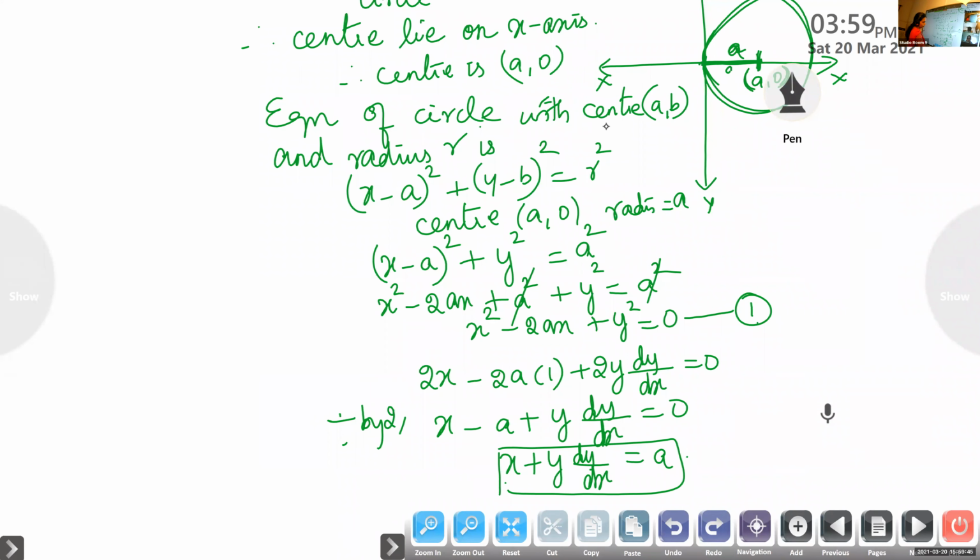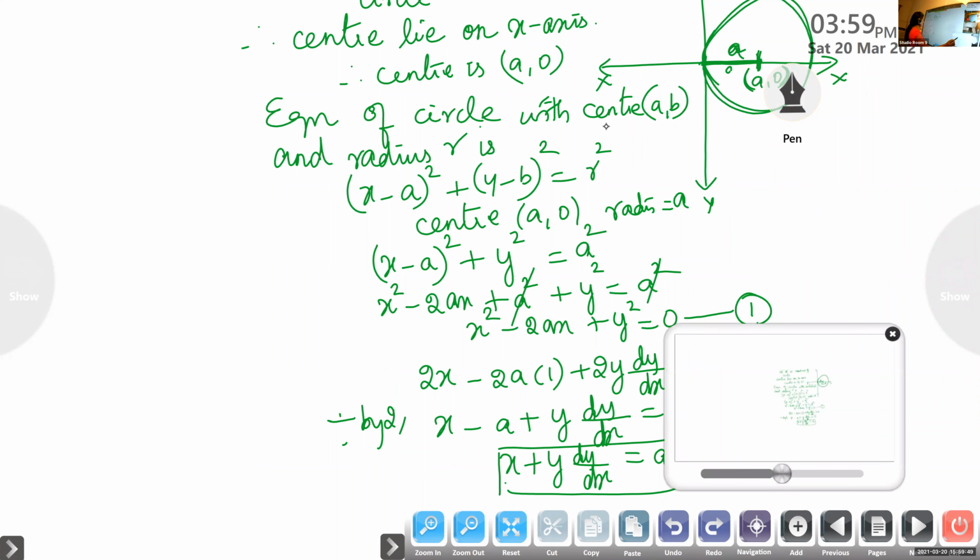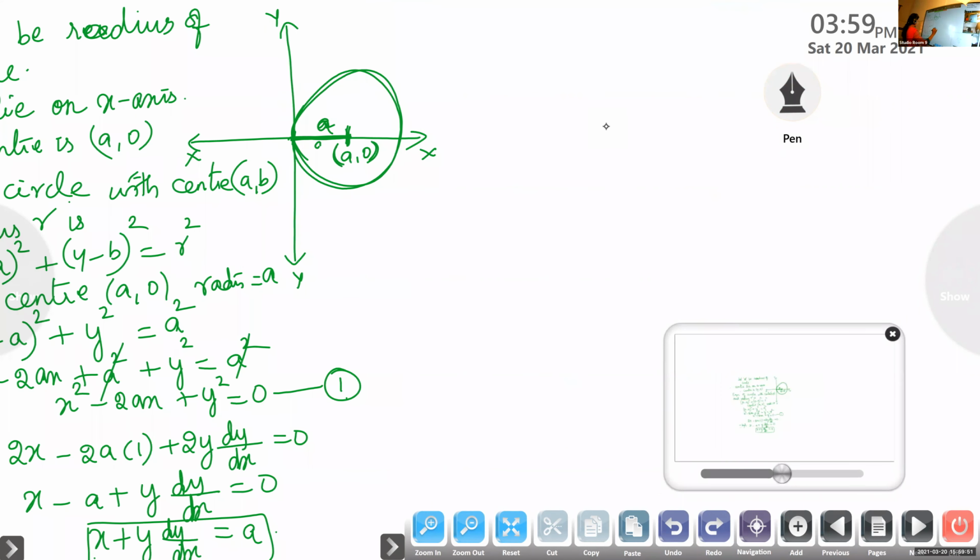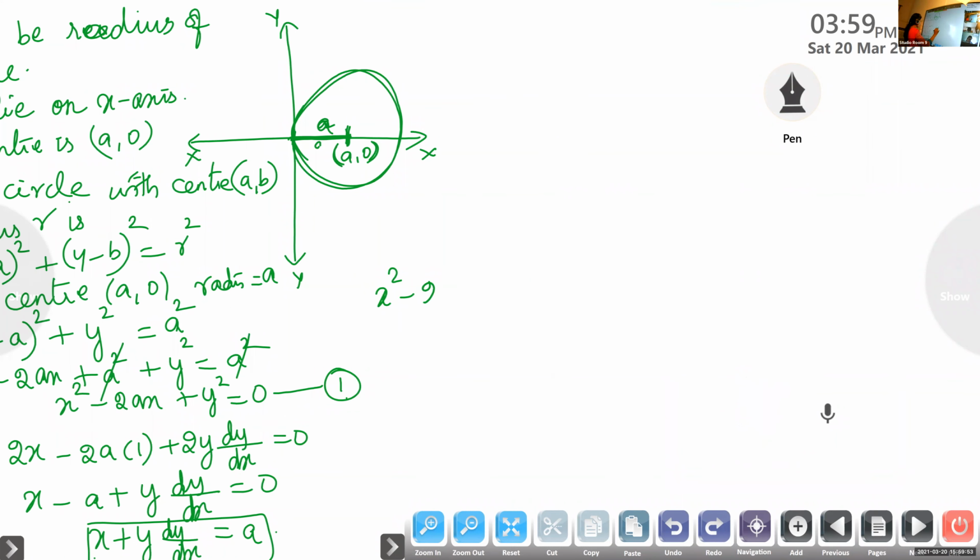x plus y into dy by dx is equal to a. Substitute in equation 1. When you substitute in equation 1, what will you get? x square minus 2 into a, and a is x plus y into dy by dx, plus y square is equal to 0.